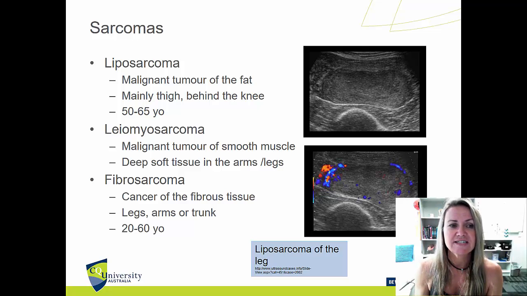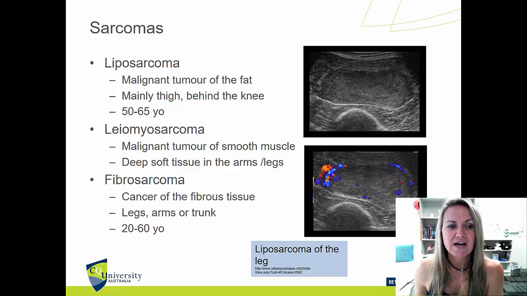Often will be older people, 50 to 65 years old, and you can see what they look like here. They're quite well circumscribed. Straight away you should have some suspicions it's solid appearing. You would need to see whether it's compressible and look at that colour flow. Anything that was a lipoma wouldn't have that type of colour flow, so you'd have to start having some suspicions.